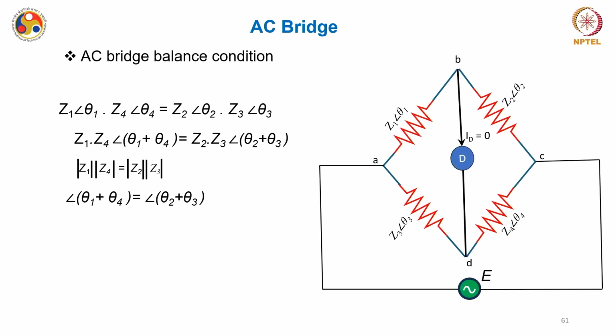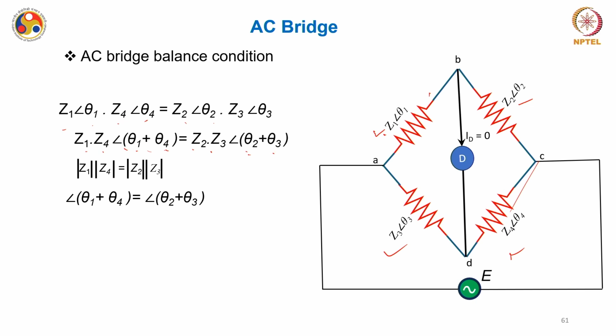In a general AC bridge, say this is impedance 1, this is 2, this is 3 and 4. The AC bridge is in balanced condition when the impedances satisfy Z1∠θ1 × Z4∠θ4 = Z2∠θ2 × Z3∠θ3. Simplifying, Z1Z4 with angle θ1 + θ4 equals Z2Z3 with angle θ2 + θ3.